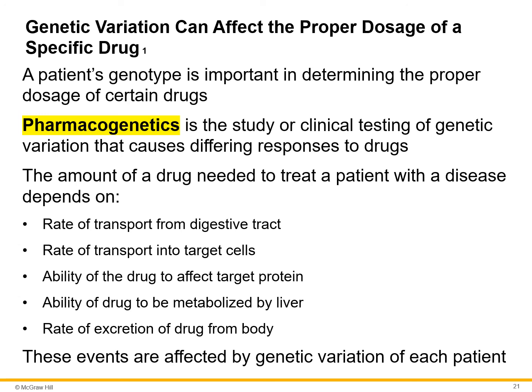Similarly, just in general, with use of various drugs to treat disorders, individuals might have, because of their genome, different rates of breaking down a drug or absorbing it from the digestive tract or excreting it or getting it into cells.